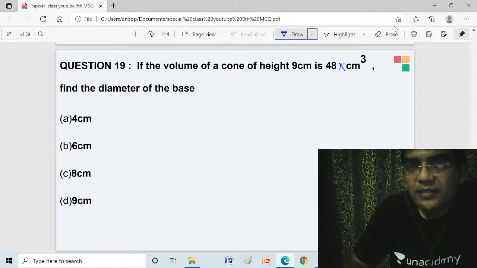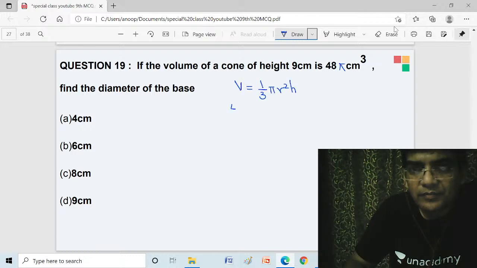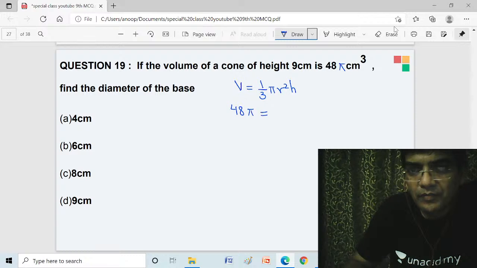Volume is 48 pi, into height, height is 9. Now first of all, I can straight away cancel this pi on both sides.